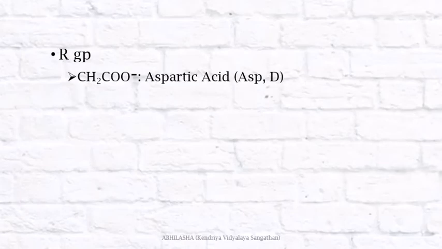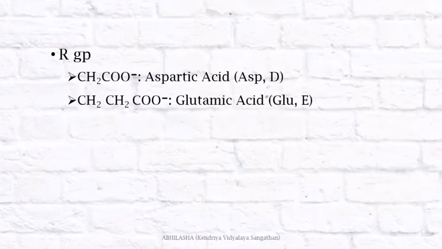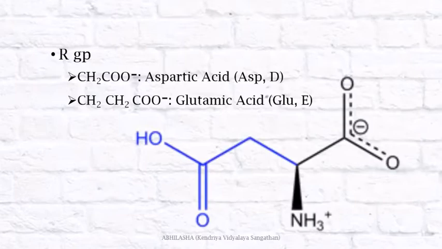If R is acidic, which means this R contains a COO-, there are now more COO- than NH3+. So the amino acid becomes acidic. If R contains another amino group, then the net charge is positive.